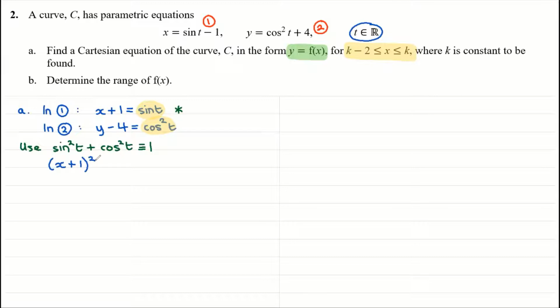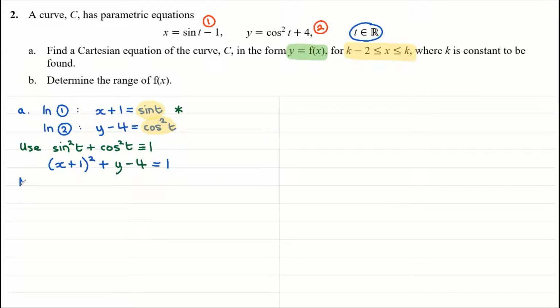So we can replace cos² t with y − 4. So that's going to be plus (y − 4), which represents cos² t. And all that is going to be equal to 1. Now then, we're told to make y the subject.